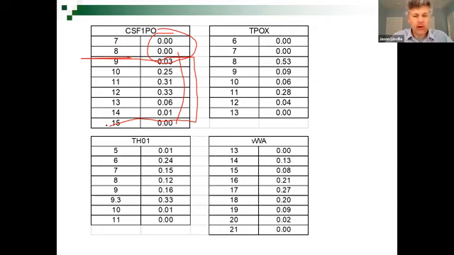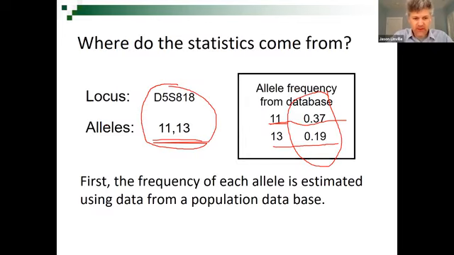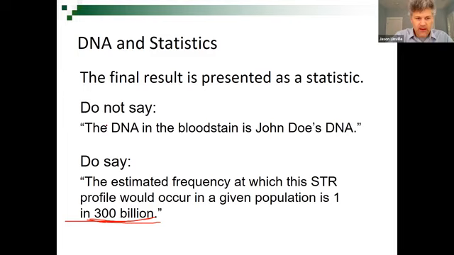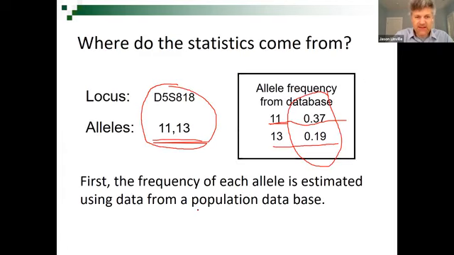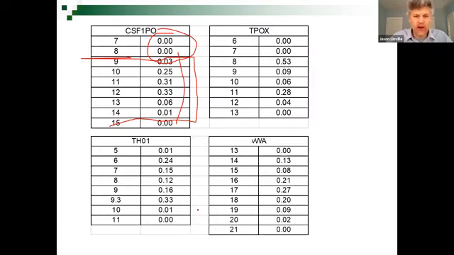Okay. Now, you'll notice that the profile said, let's go back here, the STR profile would occur in a given population. What that means, this given population, essentially means race. I'm just going to give you one population database, because you can do this with all of the people in the United States.